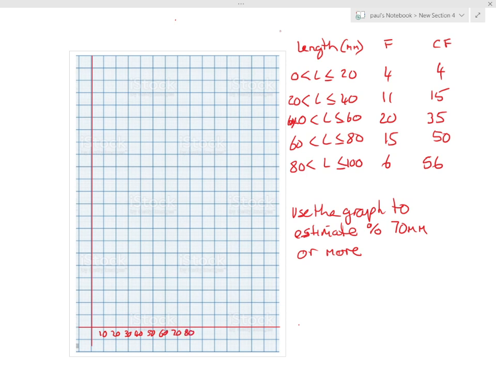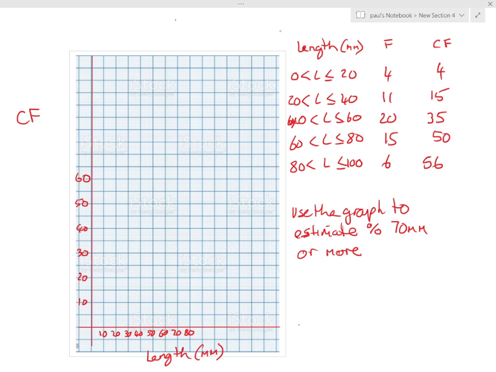Again, wouldn't have been able to double it up. So this is the length. And don't forget all the labels and things, and here's the cumulative frequency. So we go up to 56, so we can go 10, 20, 30, 40, 50, 60.